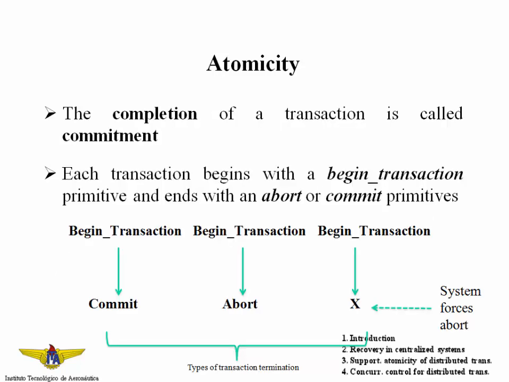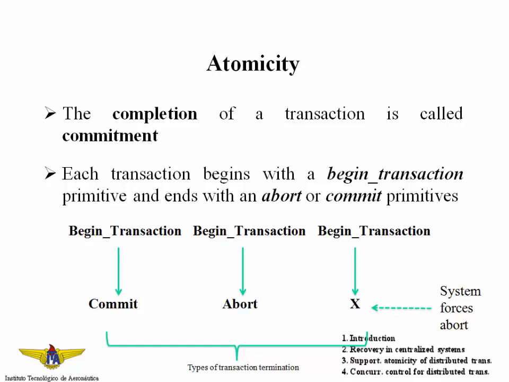Regarding atomicity, once you have started a transaction, the transaction can either commit or abort. That's the normal case. If the transaction is aborted, you most likely have to undo all the operations performed so far.